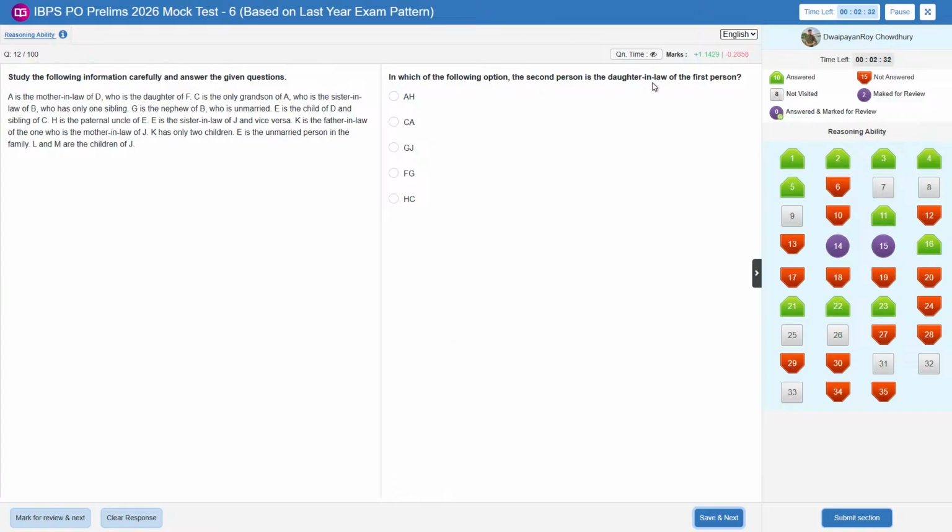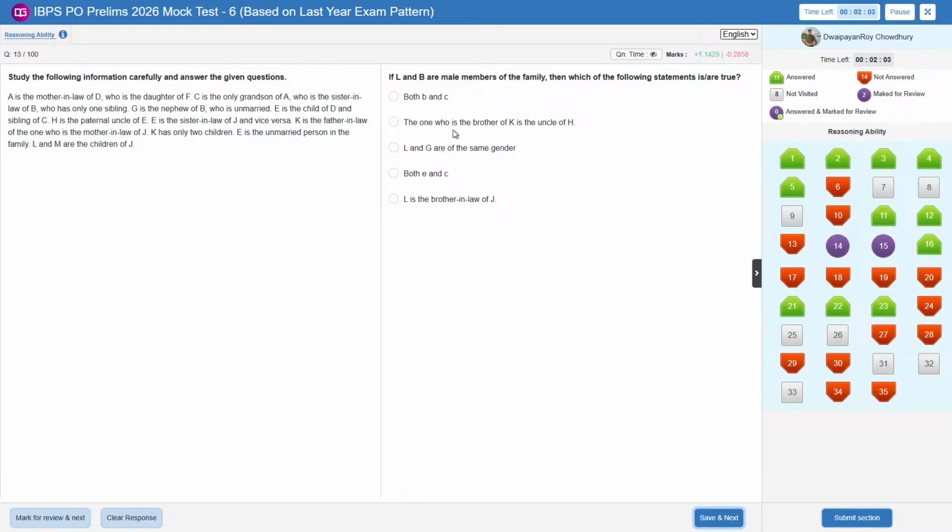Following is a daughter-in-law. Second person is the daughter-in-law of the first. No. C, G, G, J. Okay. If L and B are male members of the family, which of the following statements is true?